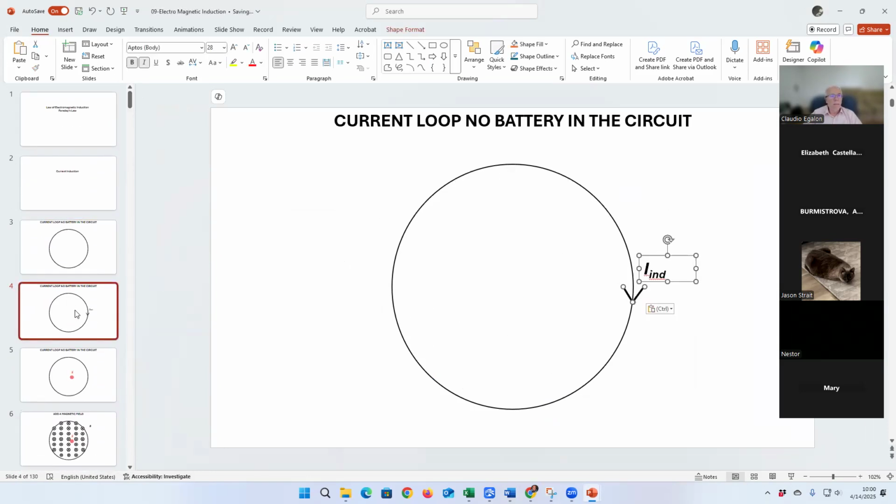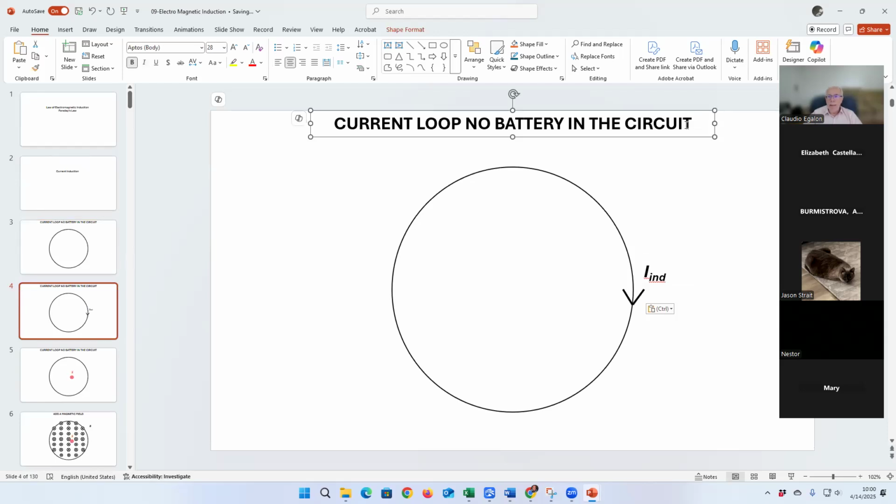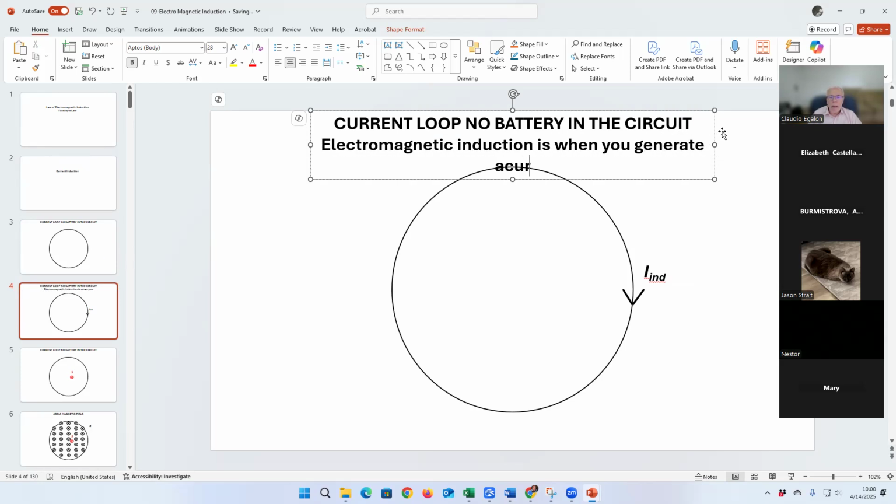Electromagnetic induction is when you generate a current in a circuit without a battery.